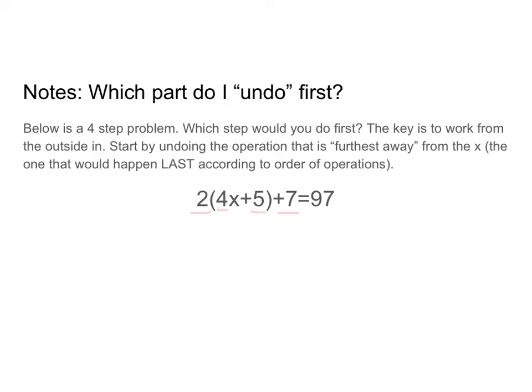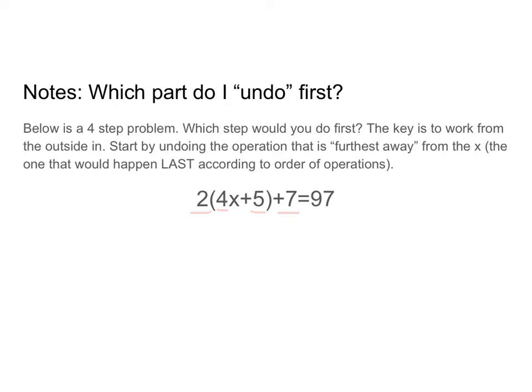So the key here is to start from the outside in. So we want to do the outermost layer and peel it away, and then do the next one, and then the next one, and then the next one, until all we have left is the x in the middle. Another way to think about this is what step would happen last if you were evaluating using order of operations.